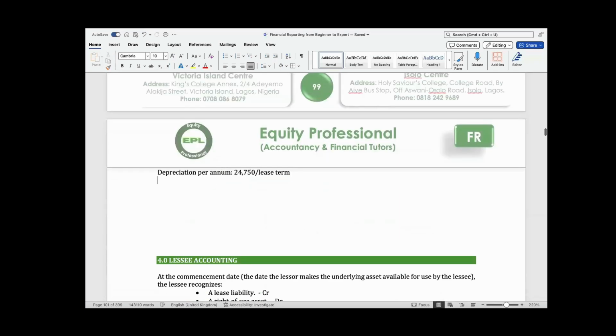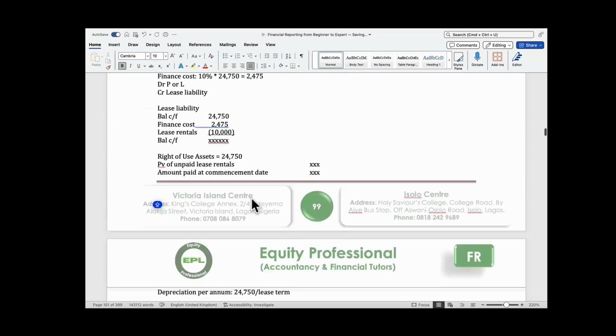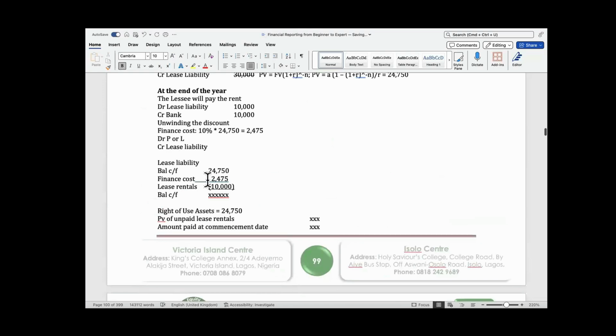That table you just gave, the balance brought forward, add the finance cost, less the annual payment. Is that what you refer to as a lease amortization schedule?